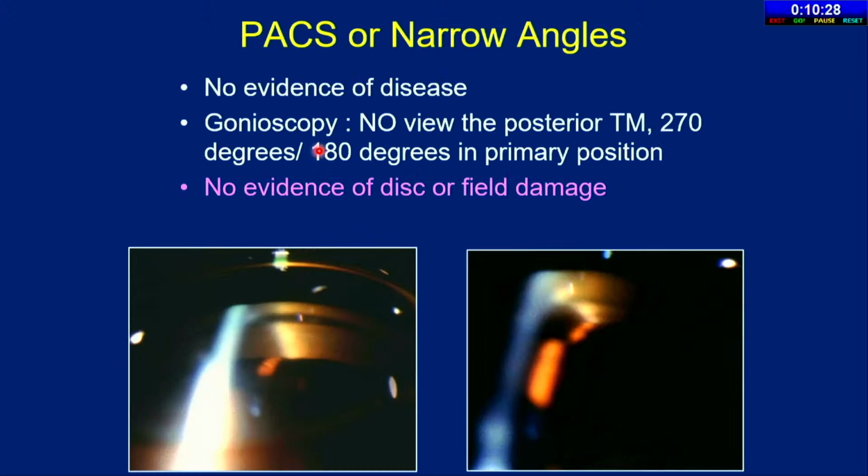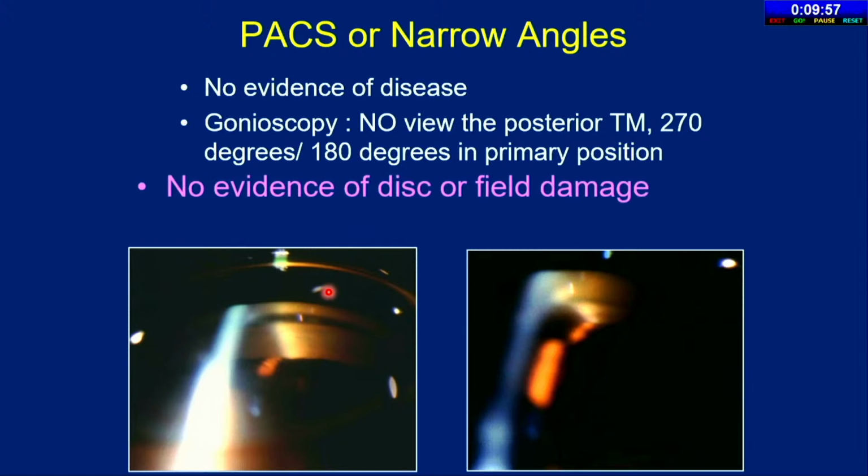So in PACS, which we very commonly see in our OPDs, about 1 patient out of every 10 patients will have a narrow angle, some amount of narrowing of the angle, and they will not be diagnosed unless you perform gonioscopy. So when you perform gonioscopy, you will not have the view of the PTM for more than 270 or 180 degrees. However, there is no evidence of the disease.